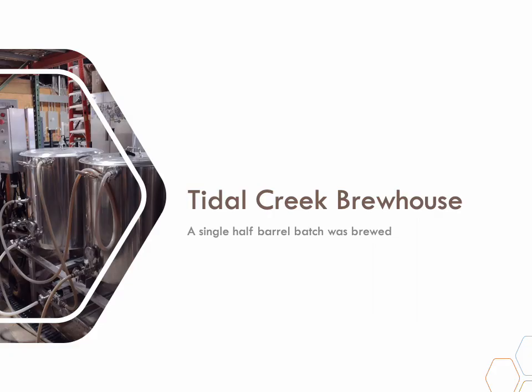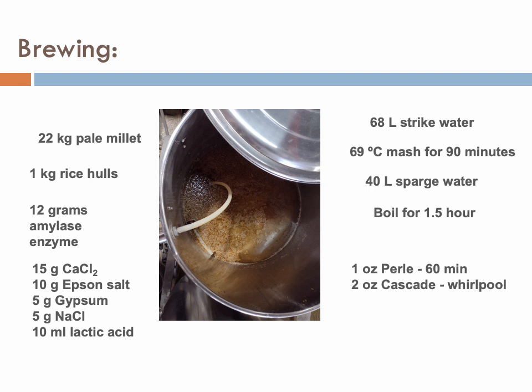All right. Now we go to Tidal Creek. Right? This is a little bit more involved because he's an actual brewer and not just a chemist playing in brewing. Right? So there's a lot more added here to make it an acceptable and profitable brew. Right? It was a bigger brew. We also added more enzyme. We also added a whole bunch of compounds to make the environment happy.